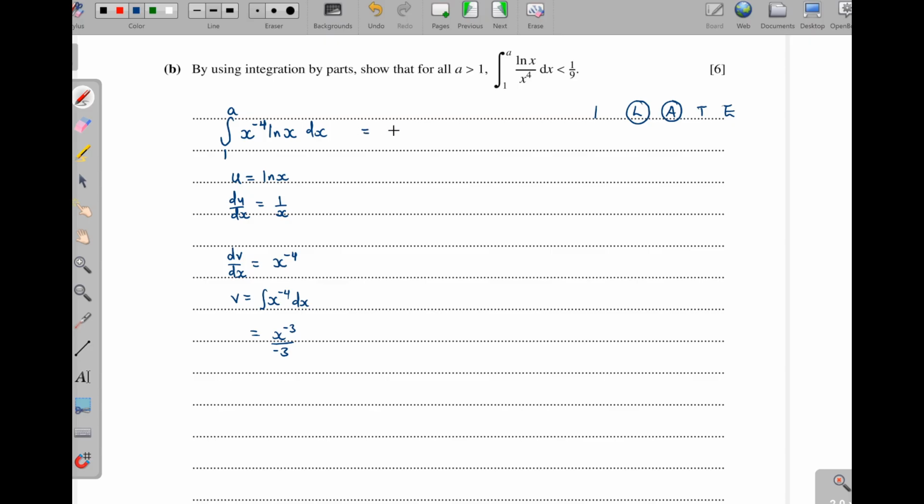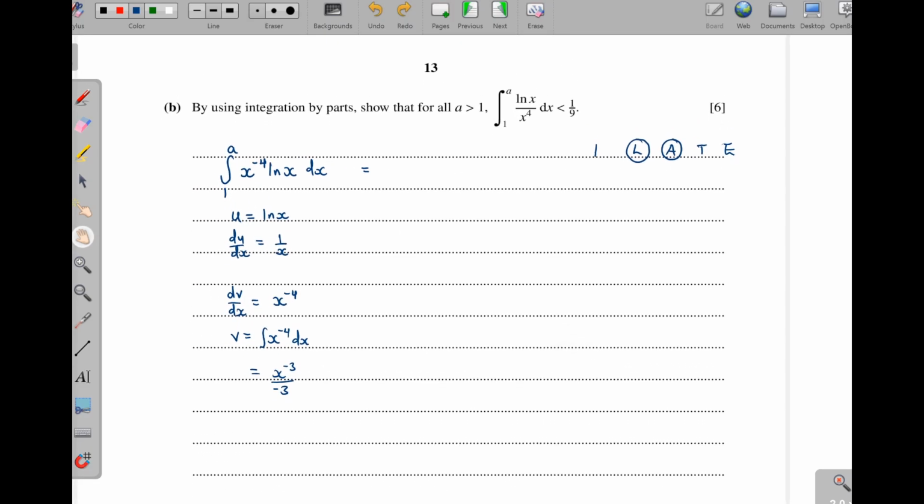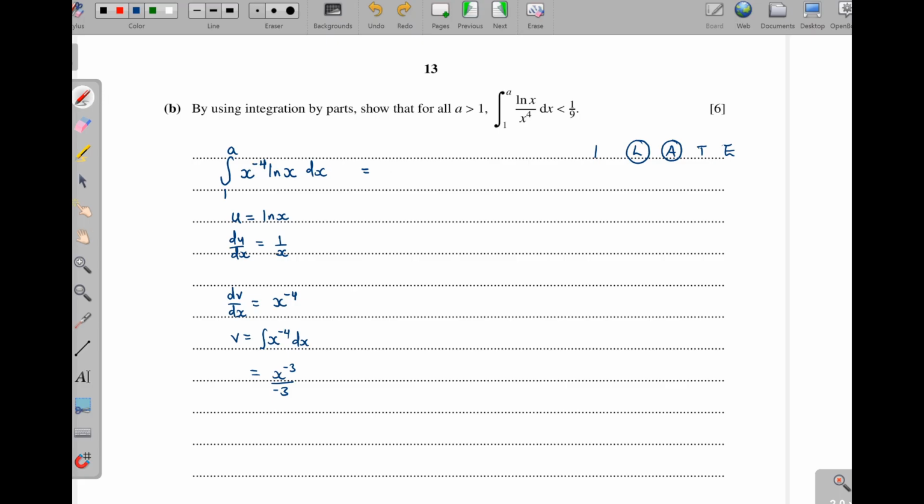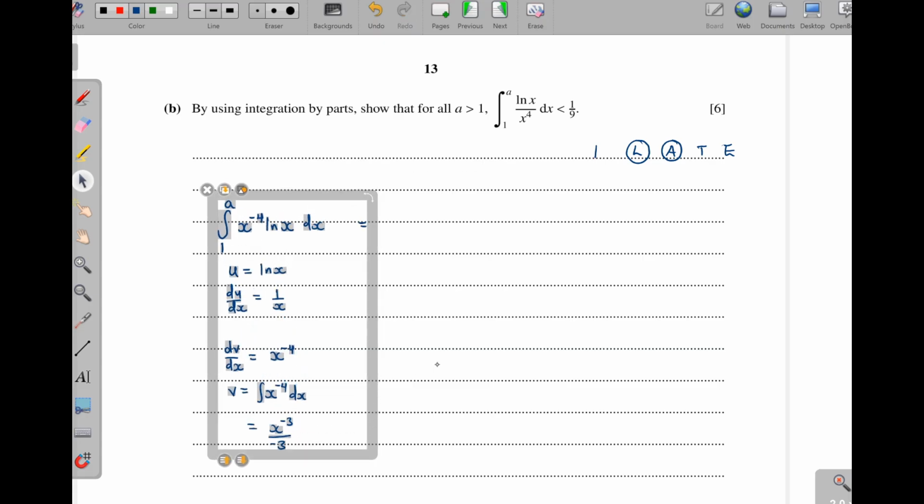For integration by parts, you have something like this. In fact, let me put this one a bit down.